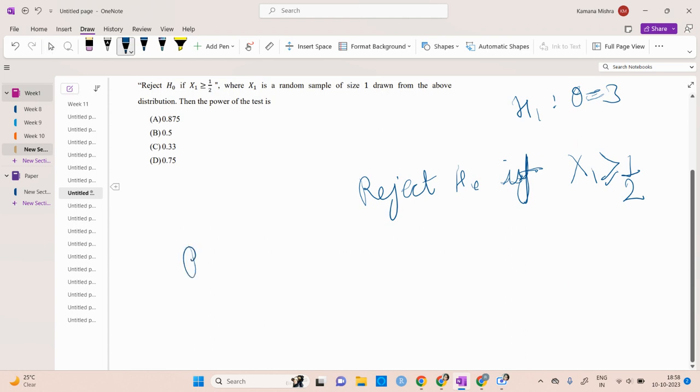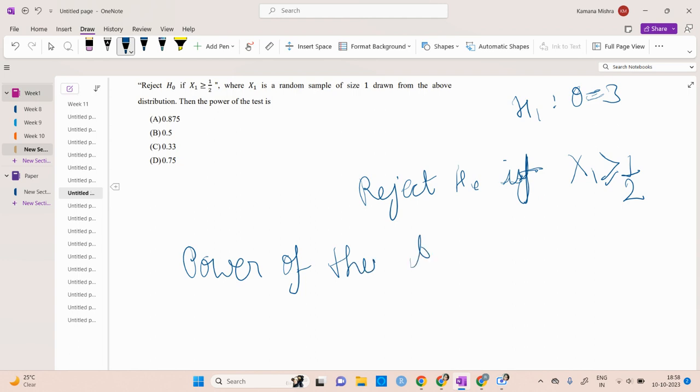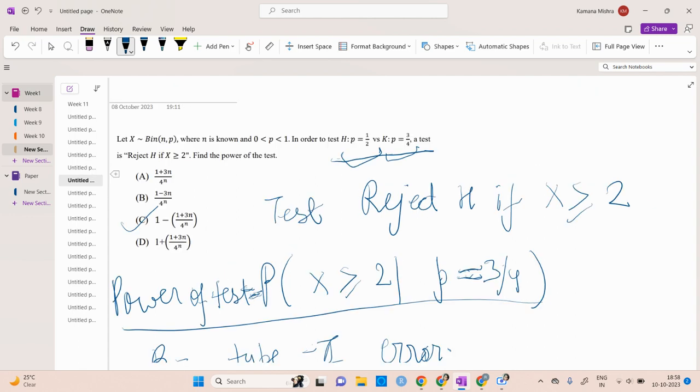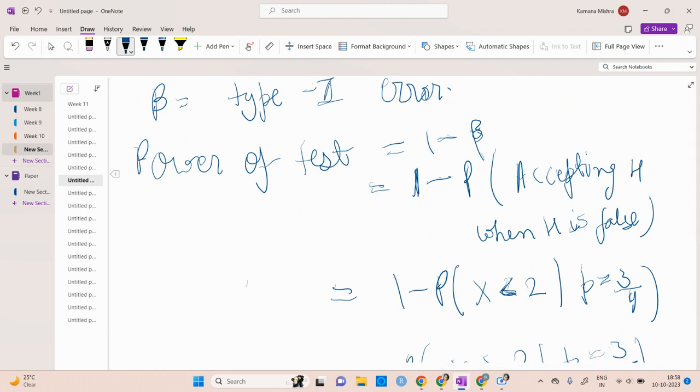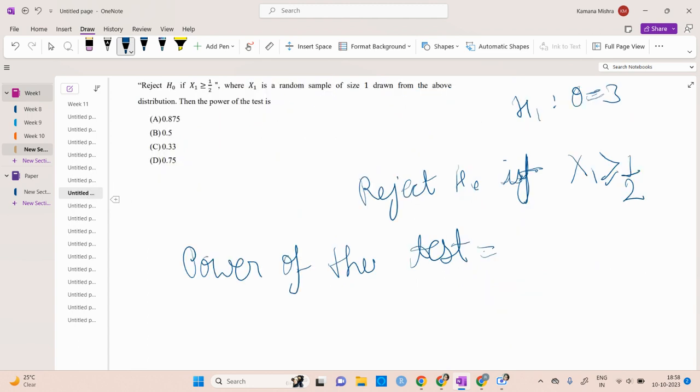So our test. Now from here you must have understood that power of the test is 1 minus probability of accepting H naught when H naught is false, so power of the test will be the probability of rejecting H naught when H naught is false.